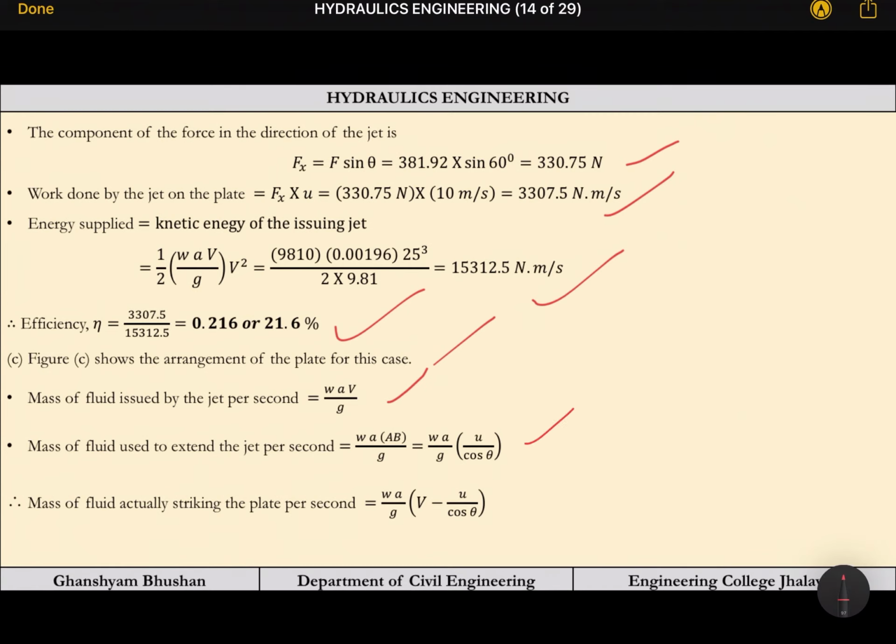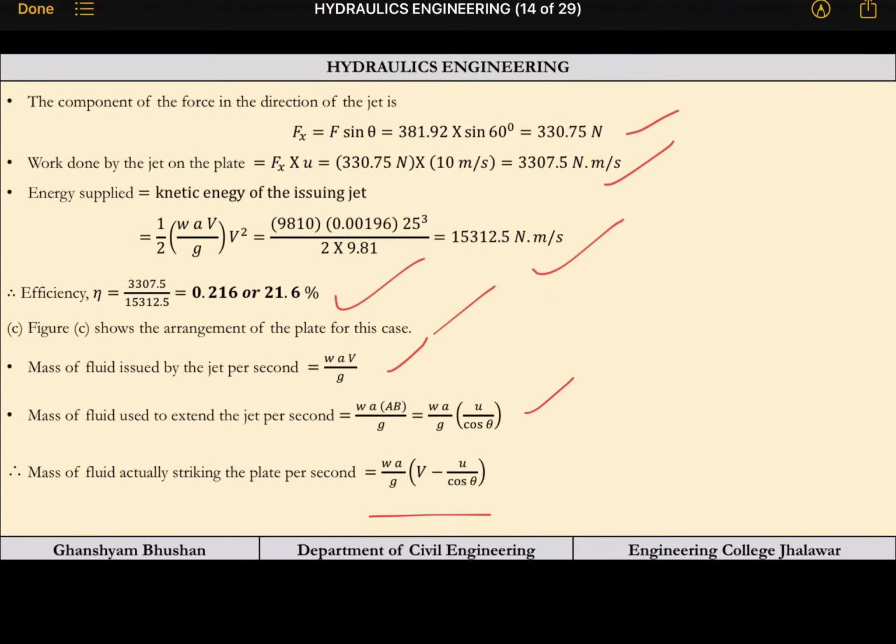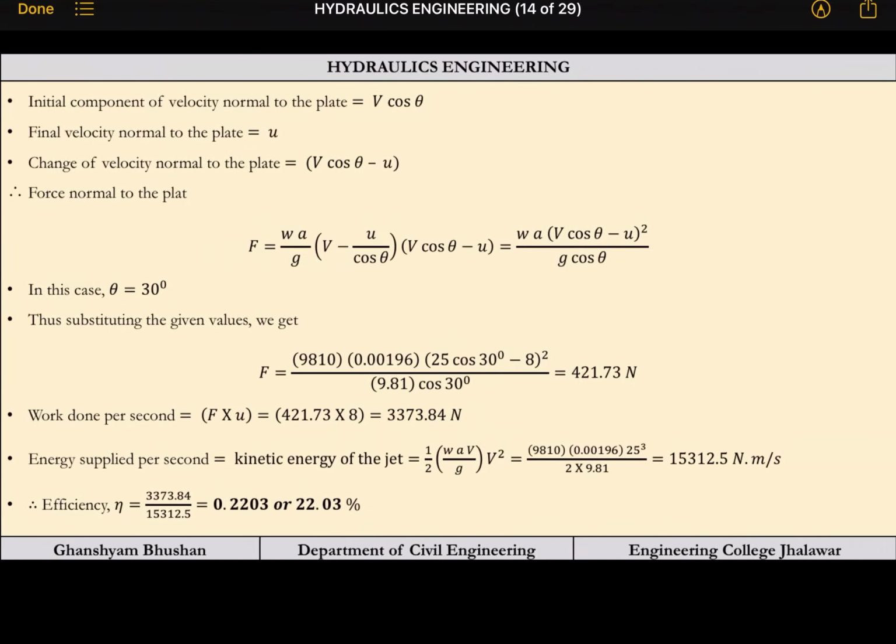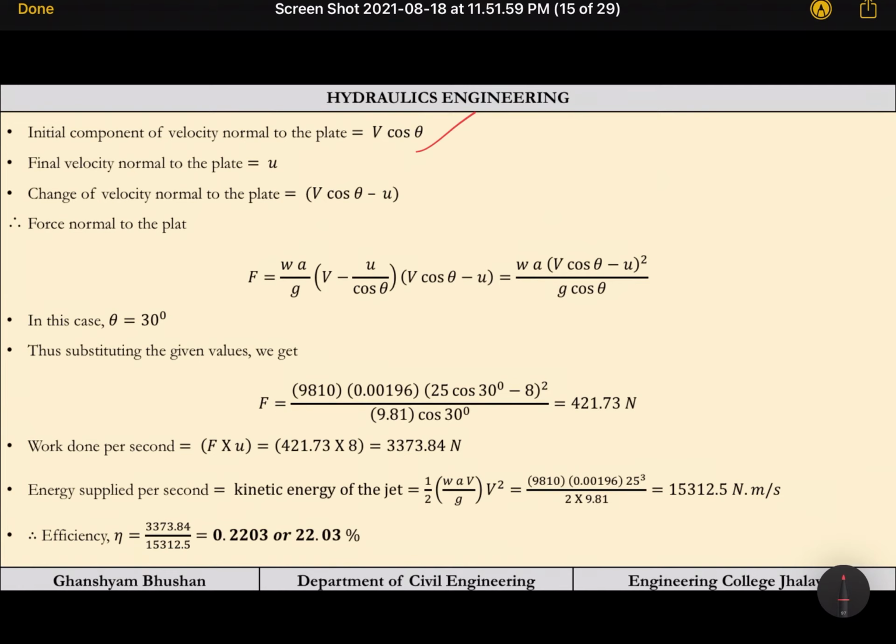So the mass of fluid actually striking the plate will be V minus U by cos theta, because we have to check the effective velocity. So the initial component of the velocity is V cos theta. The final velocity normal to the plate is U, given in the question. The change in velocity normal to the plate will be V cos theta minus U. So force normal to the plate will be how much?